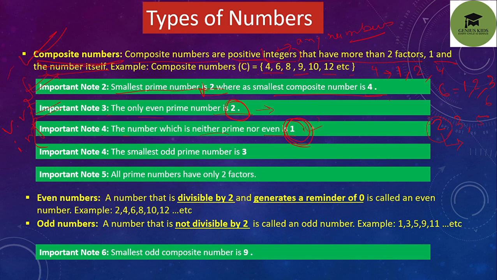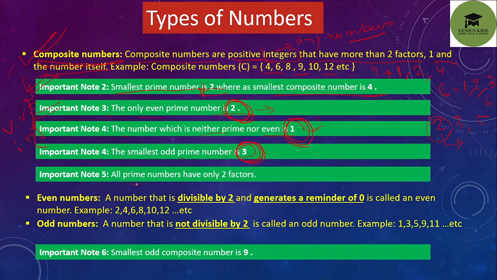So 1 is divisible by 1 only. So it is not a prime and also it is not an even number. Okay. The smallest odd prime number is 3. The smallest prime number is 2, which is the only even prime number, and the smallest odd prime number is 3.